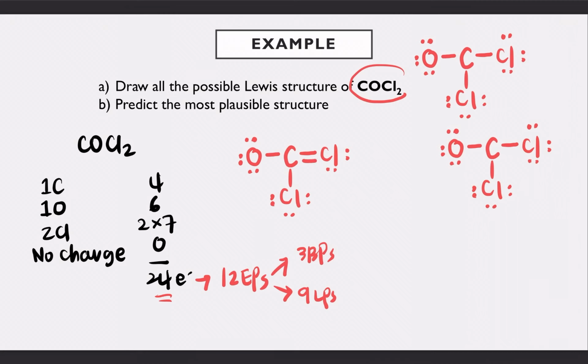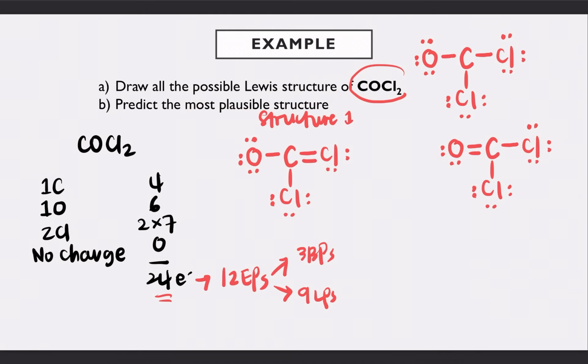Okay, so this is structure 1. And for the second structure, we can use the lone pair on oxygen to convert it into a bonding pair. So now your carbon has 4 bonds around it. So in order to predict the most plausible structure, we are going to count the formal charge.